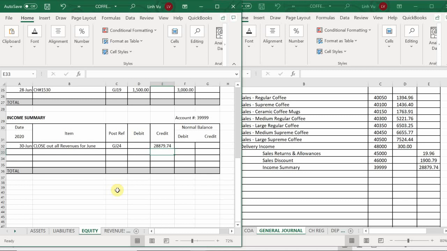It could have a debit or a credit balance, depending on whether you had a profit or a loss. In this case, you can just go ahead and leave it in your credit column, because right now that's exactly what we have. We currently have a credit right now of the 28,879.74. Okay.